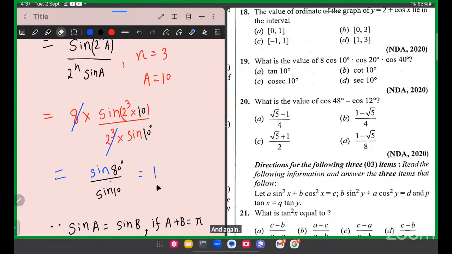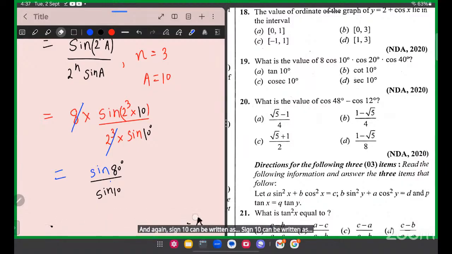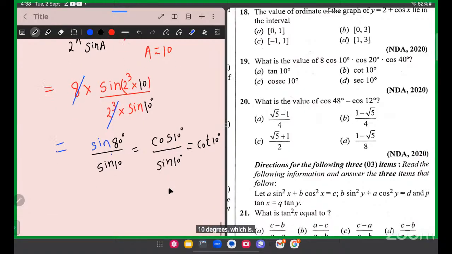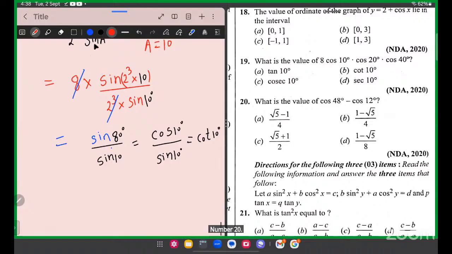Again, see, if you see the options, all the options are in 10 degrees only, right? So this can be written as cos 10, right? And divided by sine 10. So cos upon sine is nothing but cot 10 degrees, which is option B. Number 20. Question number 20.